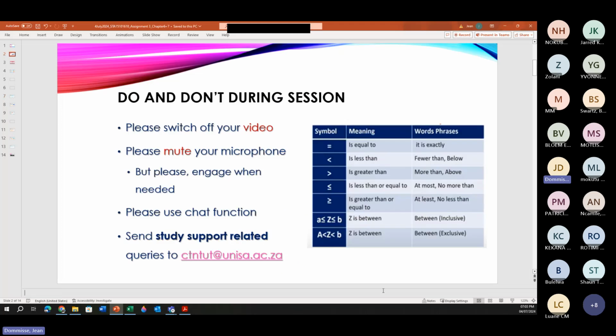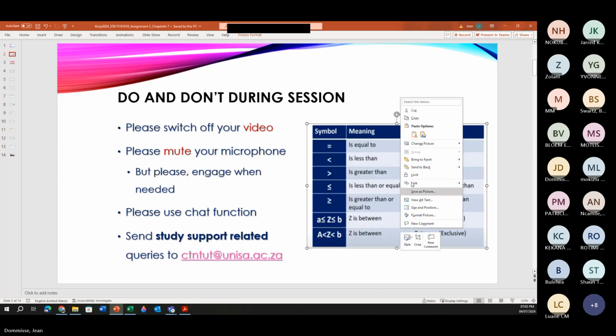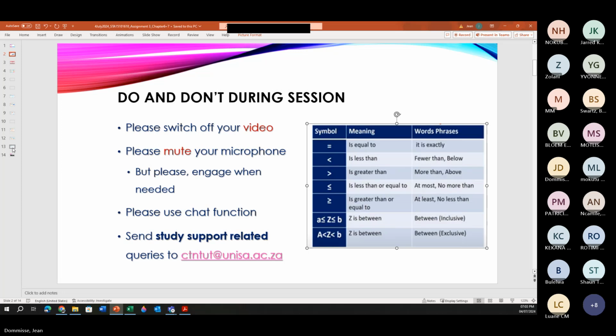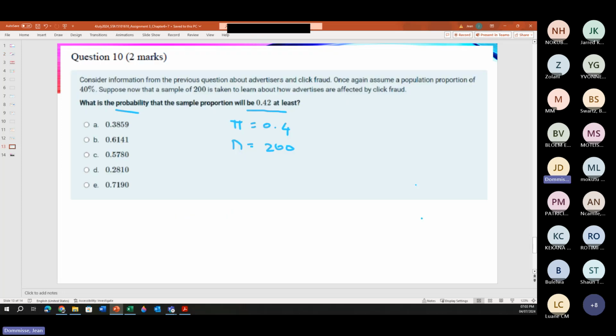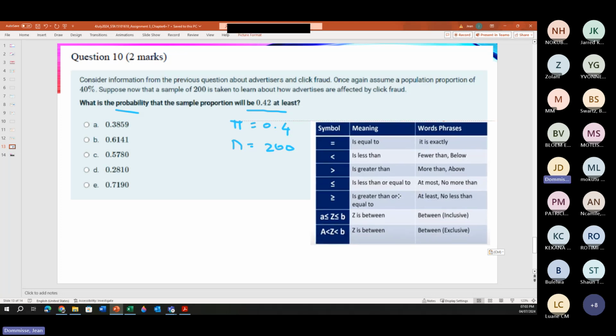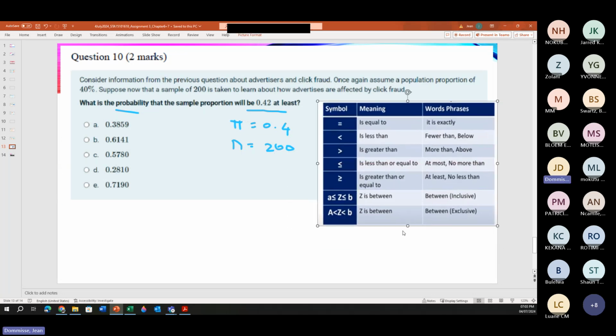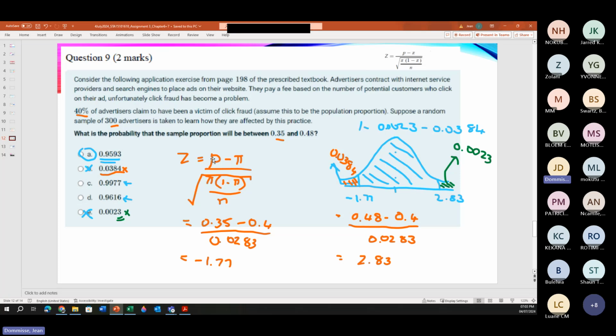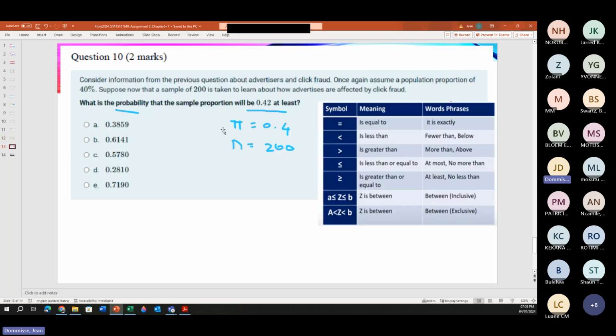So let's just, okay, so then obviously the one that they could also ask you in the assignment is, the one missing now is to work out what that proportion is by giving you a probability to work out the Z. I thought that would have been the last ones, but it's not.